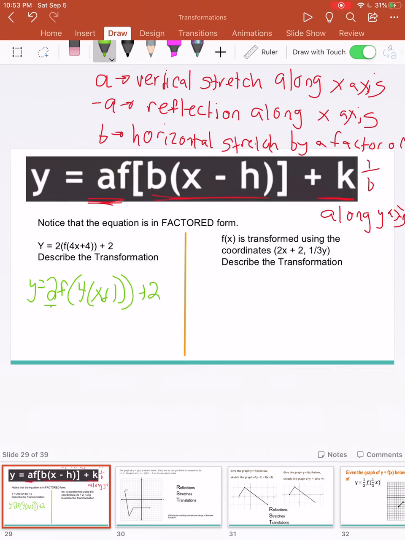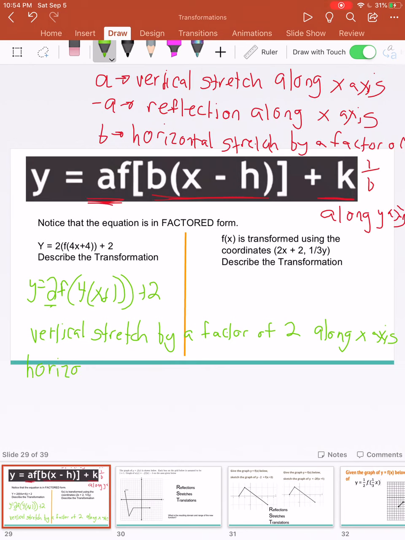So 2 is my A value, so I have a vertical stretch by a factor of 2 along the x-axis. 4 is my B value, so I have a horizontal stretch by a factor of 1 over 4 along the y-axis.